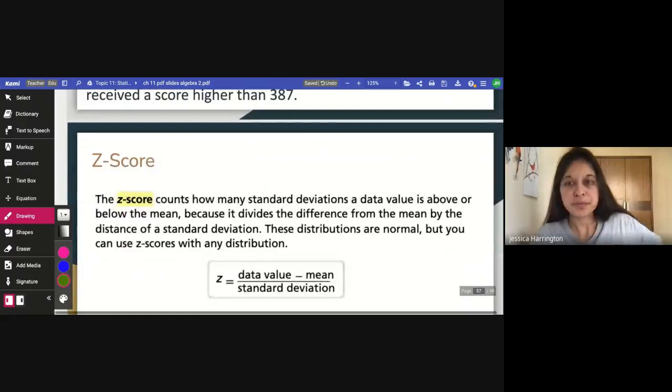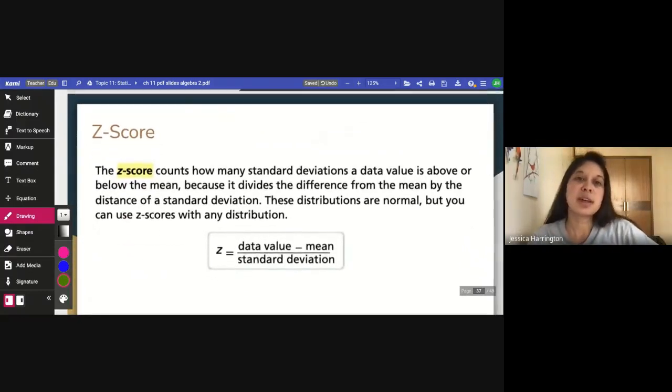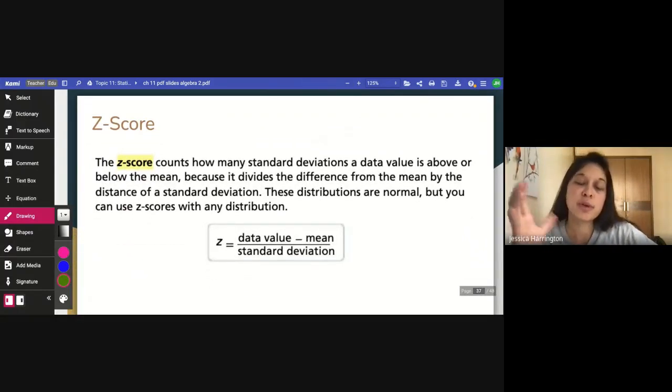Okay, so another way that you can compare your percentile, or where you fall in relationship to the standard deviation, if you don't have the entire graph, is to use a z-score. The z-score counts how many standard deviations a data value is above or below the mean, because it divides the difference from the mean by the standard deviation.